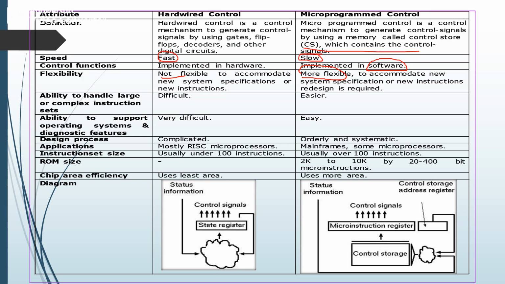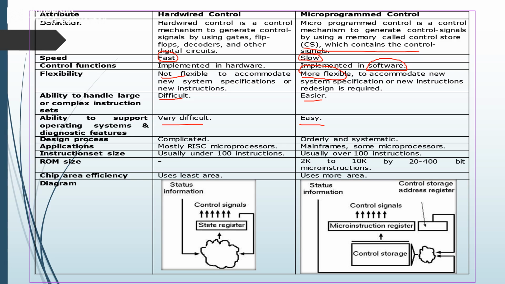Ability to handle a large or complex instruction set is difficult with hardwired control, which is easier with respect to the microprogrammed control unit. Ability to support an operating system as well as other features is very difficult, but with microprogrammed control it is easy.